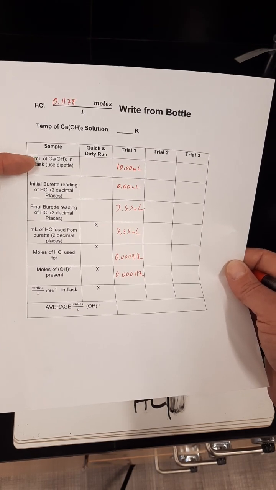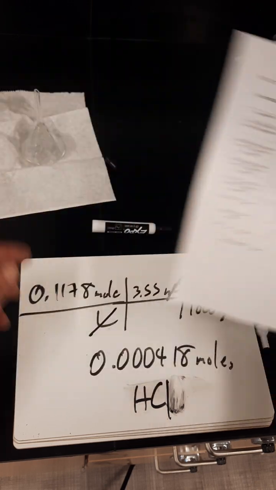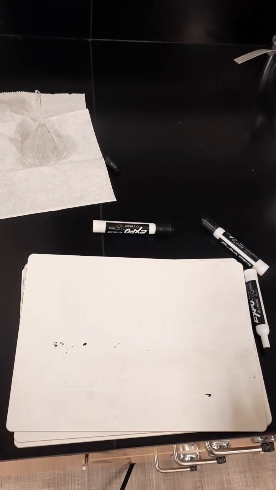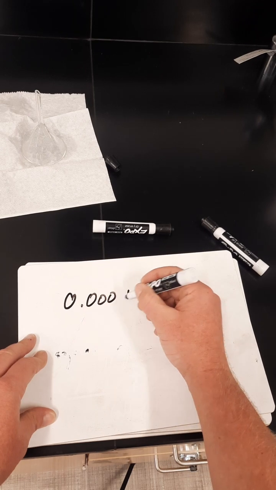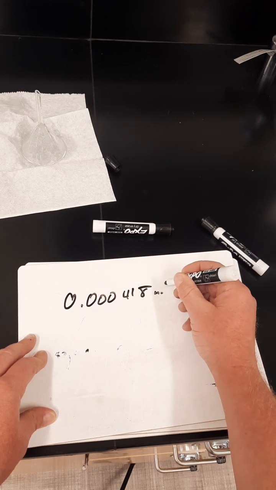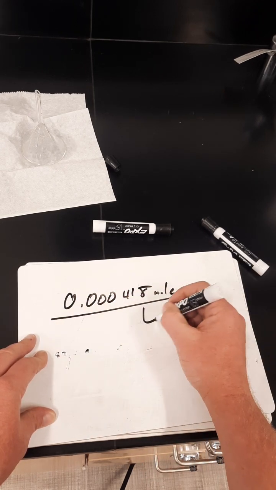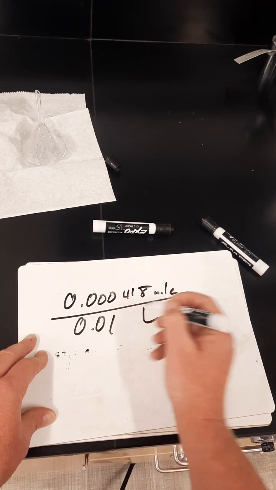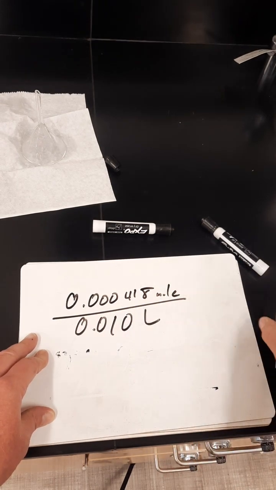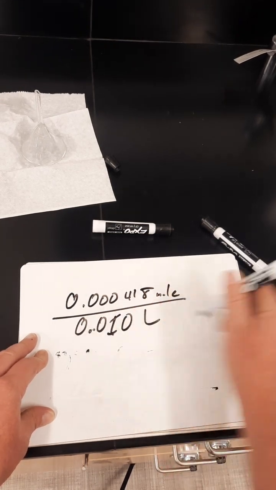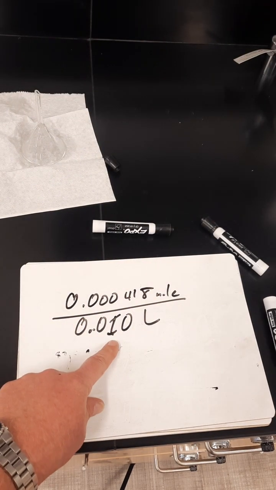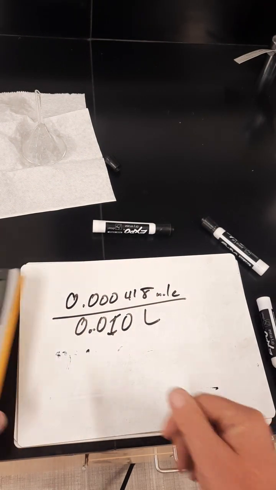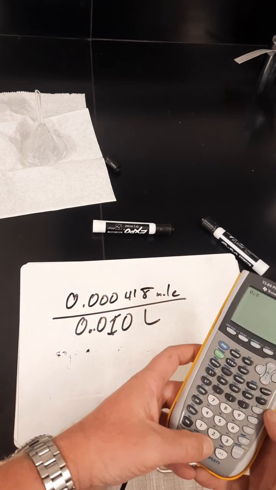The pipette chosen was 10 milliliters. The most common mistake for the young chemist is to not convert from milliliters to liters. Please double check yourself.